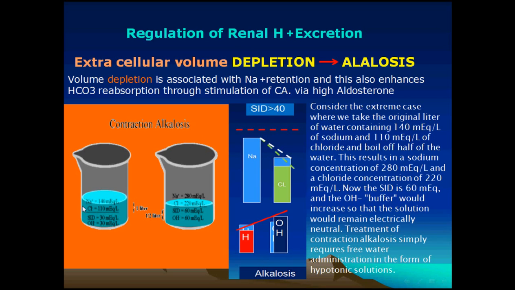In dehydration, if the patient has sodium 140 and chloride 110, the strong ion difference according to this slide will be 30 milliequivalent per liter. This is the difference, not the difference between positive and negative charge.